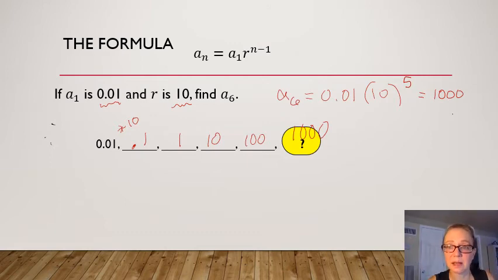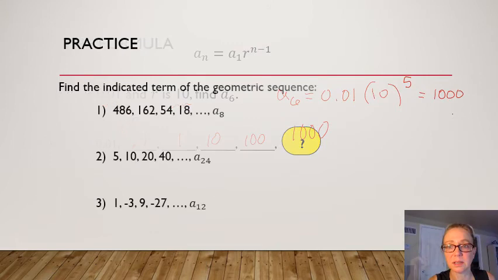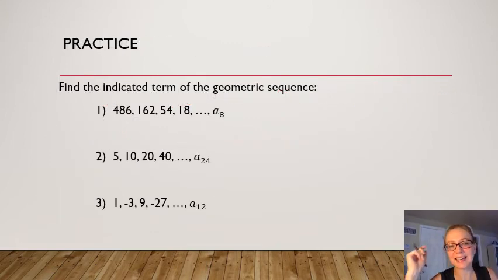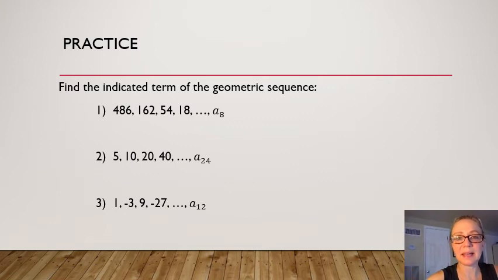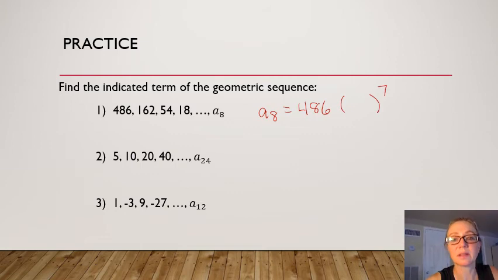Now we're going to practice that. Find the indicated term of the geometric sequence. 486, 162, etc. And we're looking for a sub 8. Well, according to the formula, a sub 8 is equal to 486 times r to the 7th.